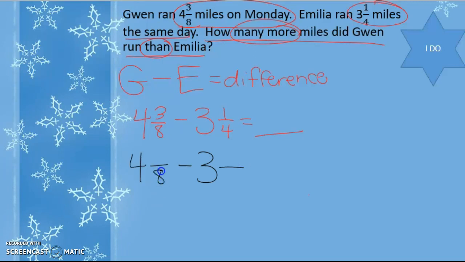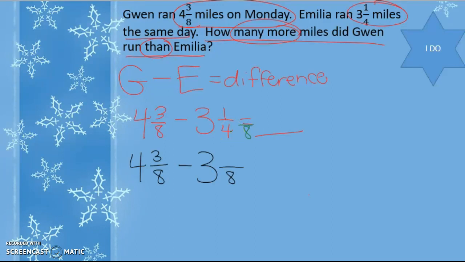And if you're thinking that the least common denominator is 8, you are correct. So the first fraction is going to stay the same. The second one, we are trying to find a fraction that is equal to 1/4. Or we could also say we're looking for an equivalent fraction. And we've learned how to do that.